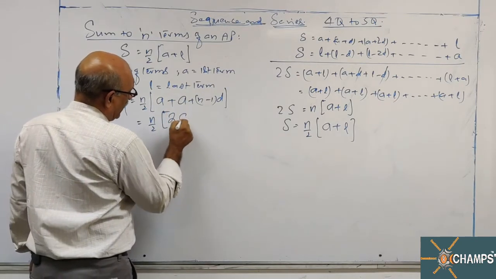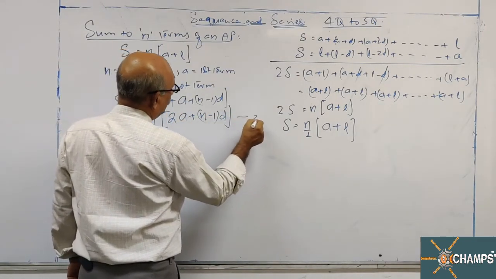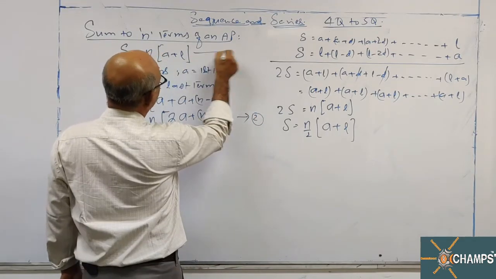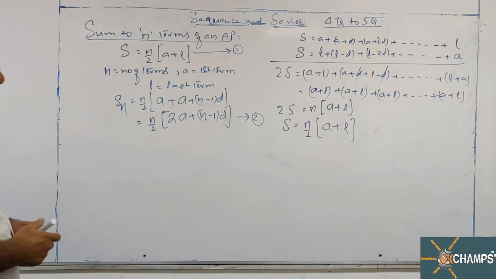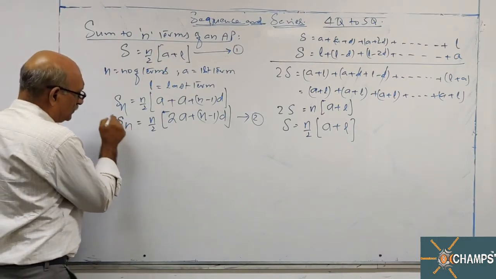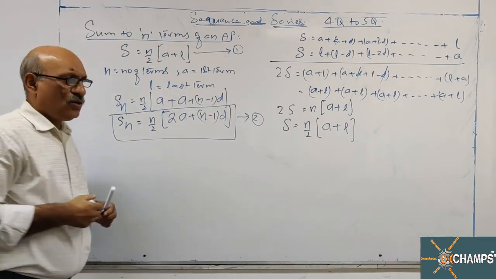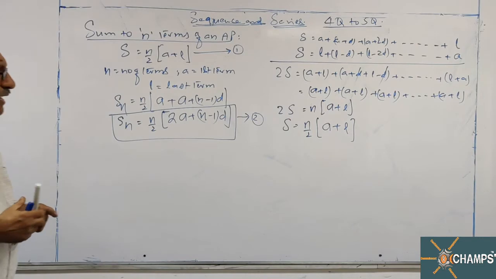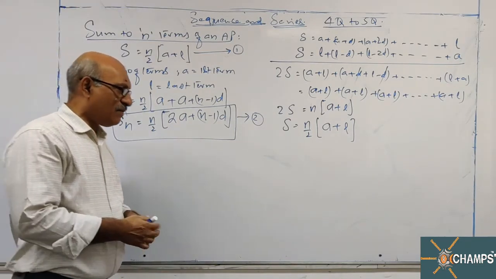A plus a is 2a. So Sn is equal to n by 2 into 2a plus n minus 1 into d. This is the formula in terms of first term and common difference.